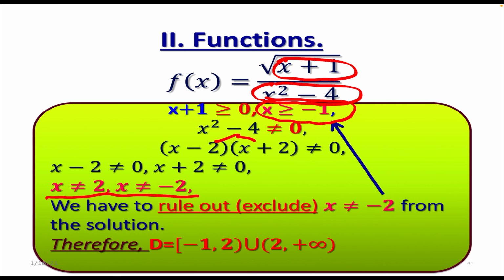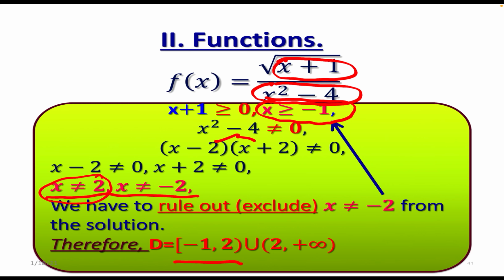And your domain is going to be actually two intervals joined together. The first one is going to be from negative 1, included, all the way up to 2, not included, because x cannot be equal to 2.